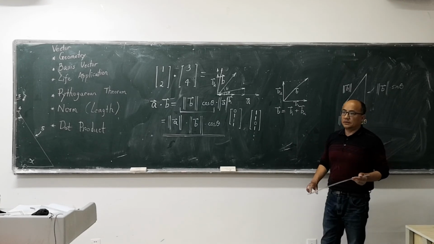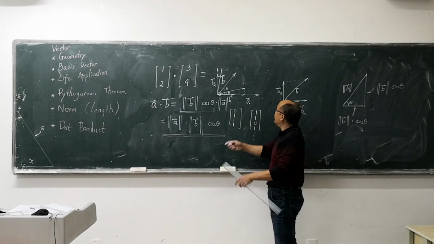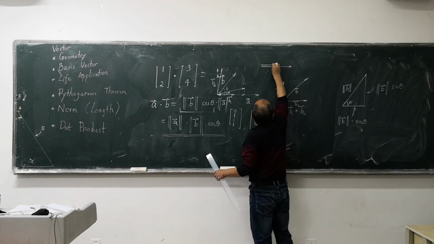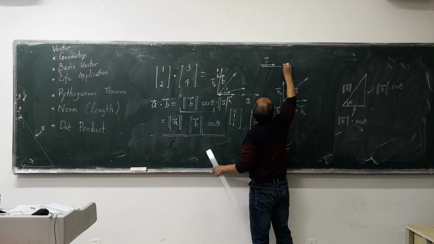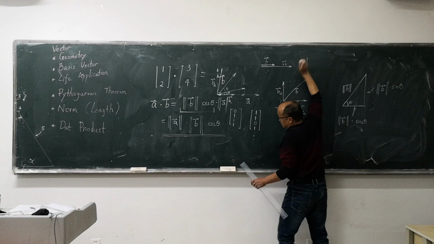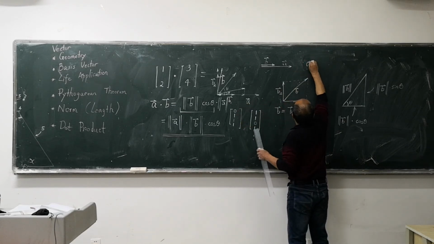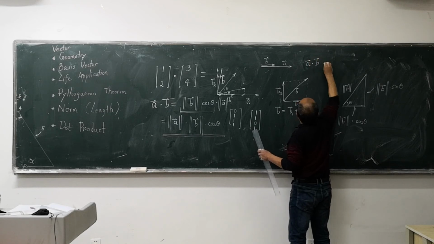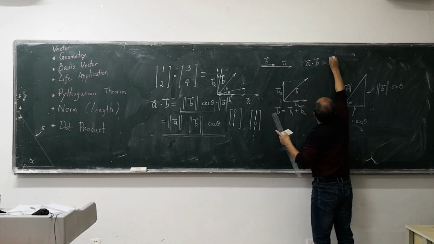So when the two are overlapping, this is A, this is B, then A dot B is equal to this length times this length.